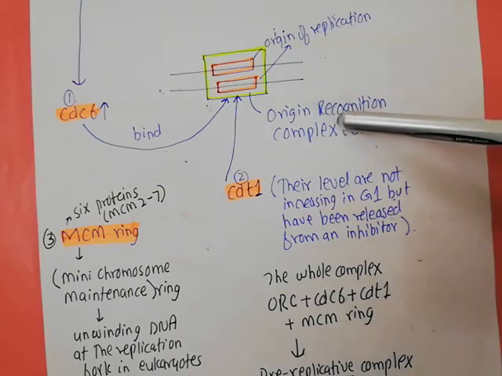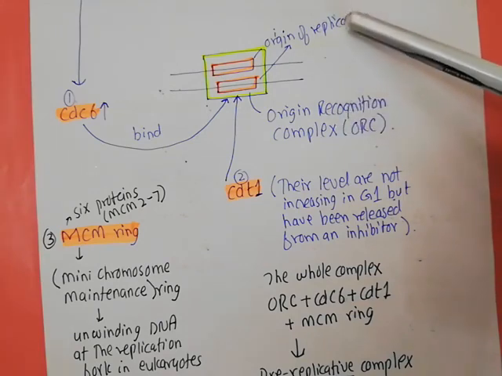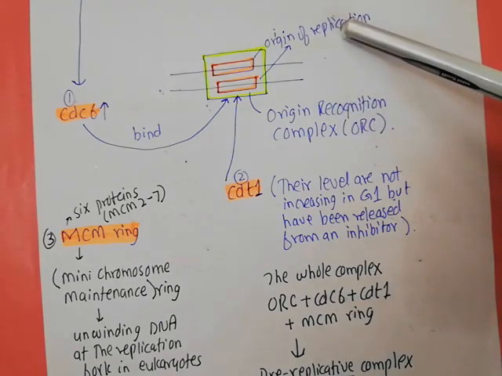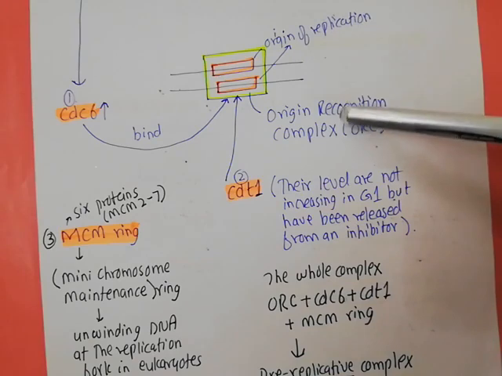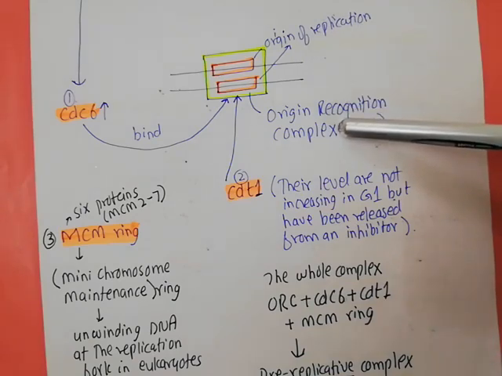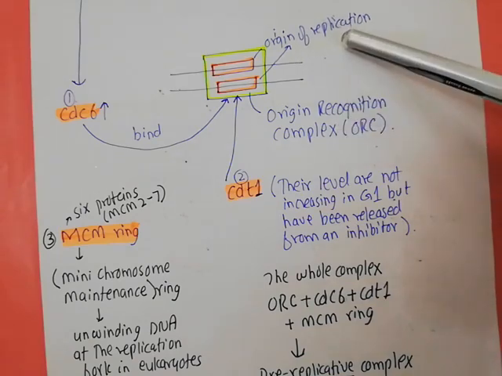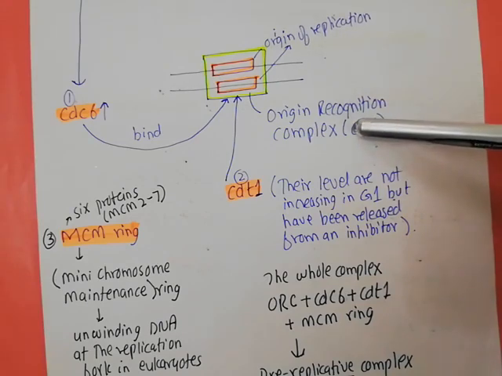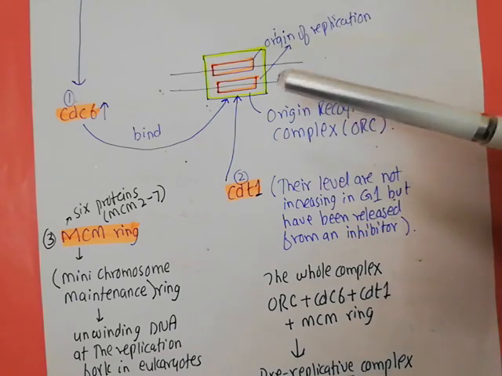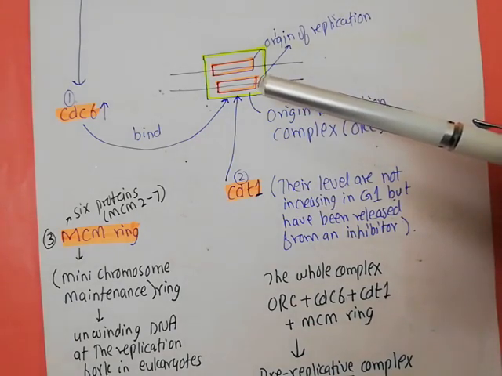Now, this origin recognition complex is attached to the origin of replication all the time. But the presence of the origin recognition complex does not guarantee that this origin of replication will fire and replicate the DNA in the cell.